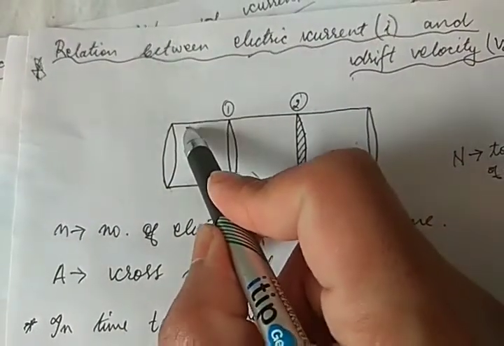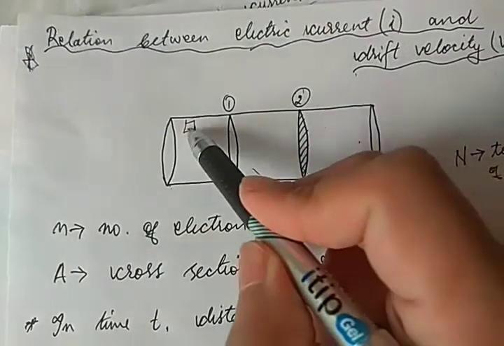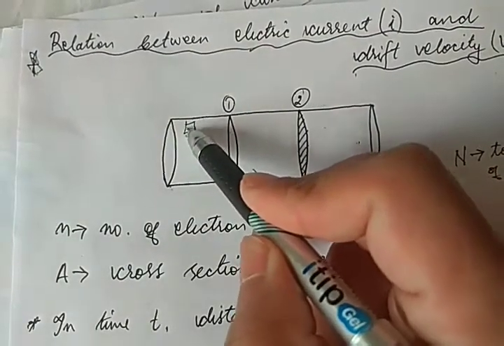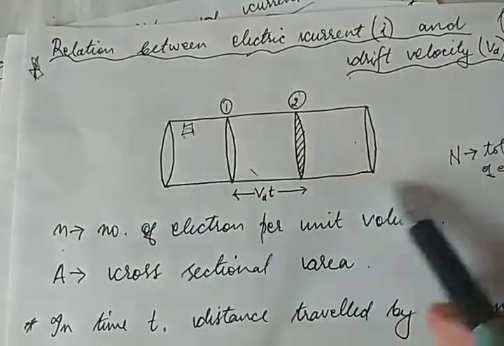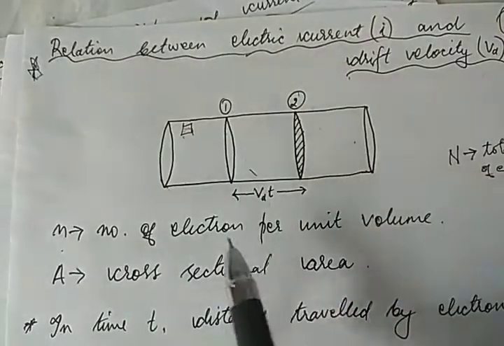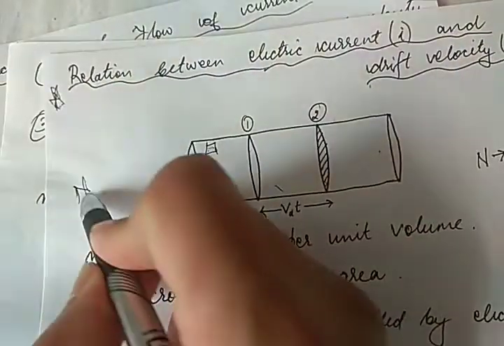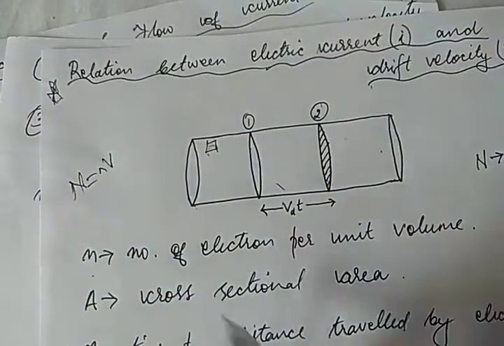So if, for example, this is a unit volume, what is the number of electrons in this unit volume of the conductor? It's n. So what is the total number of electrons in this conductor? If the total volume of the conductor is V, then capital N, the total number of electrons in the conductor, will be small n times capital V. Don't forget.